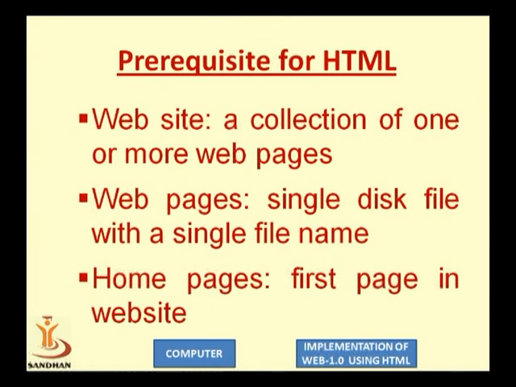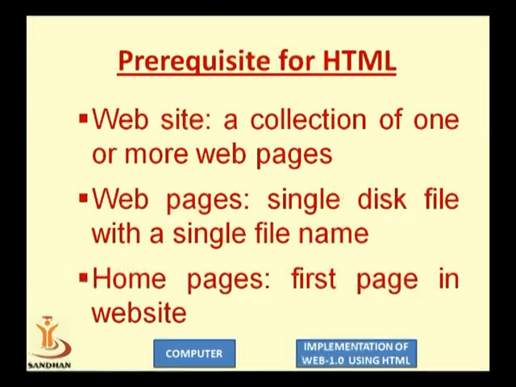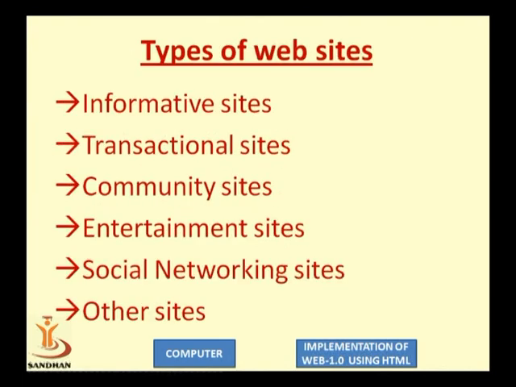After web browser and web server, there are a few other concepts like website, web pages and home pages. As you know, a website is simply a collection of one or more web pages. A web page is a single disk file with a single file name, and the home page is the first page of a website. So this is the basic overview of the web. Now what are the types of websites?